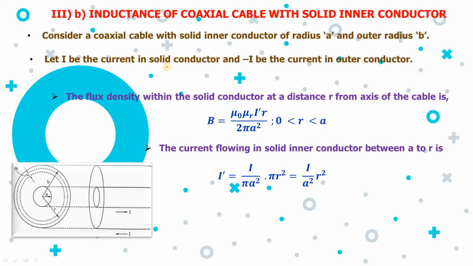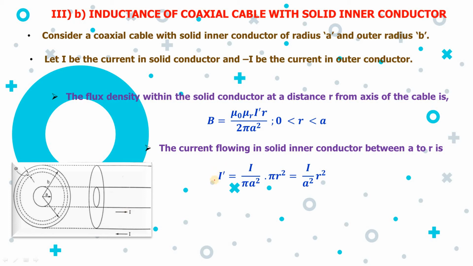Now what is the solid conductor? If you see here, this is the inner part of the outer conductor, right? So this is plus I and minus I. This one is the outer part and this one is the inner part. Now what is the I dash?